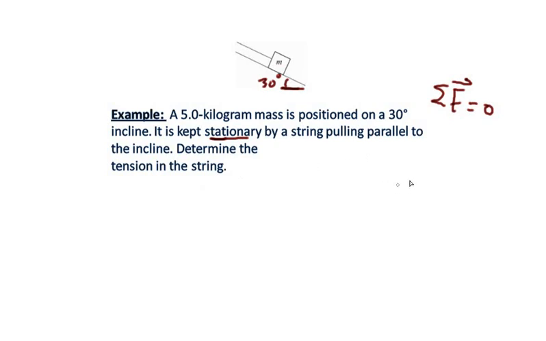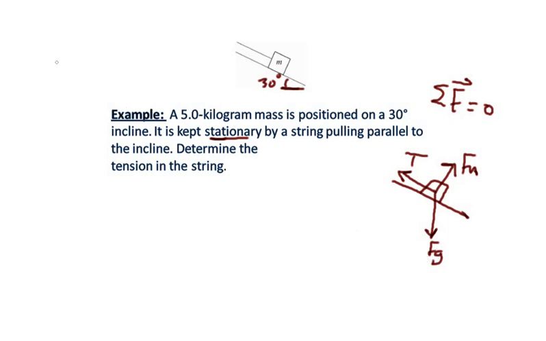Okay, let's construct the free body diagram. Tension up. Fg is always downward and Fn is perpendicular to the surface. All the forces are either perpendicular or parallel to the surface except Fg.